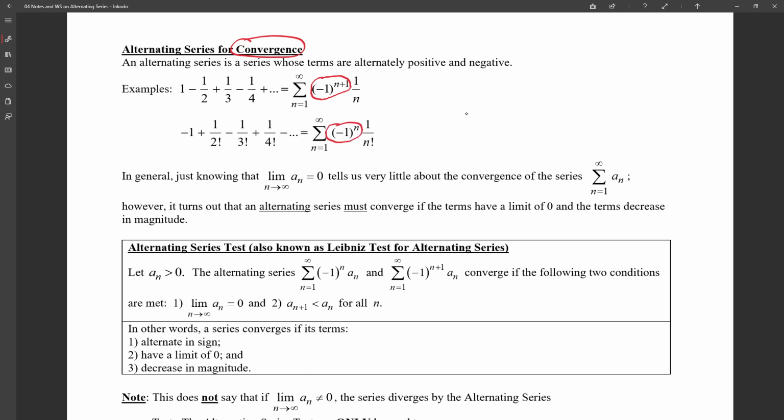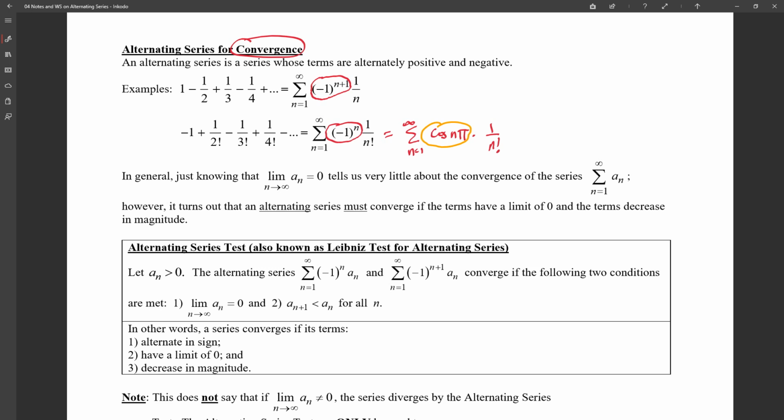And something else you might want to take note of, this expression here is equal to the sum from n equals 1 to infinity of cosine n pi times 1 over n factorial. So this part here also causes a positive negative change.